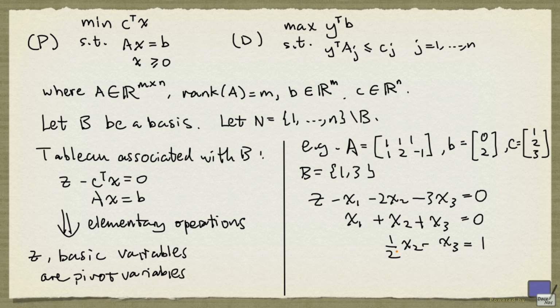And adding the third equation to the second equation, we get x1 plus 3/2 x2 equals 1. And multiplying the third equation by negative 1, we get minus 1/2 x2 plus x3 equals minus 1. And adding the second equation to the first equation, we get the following.